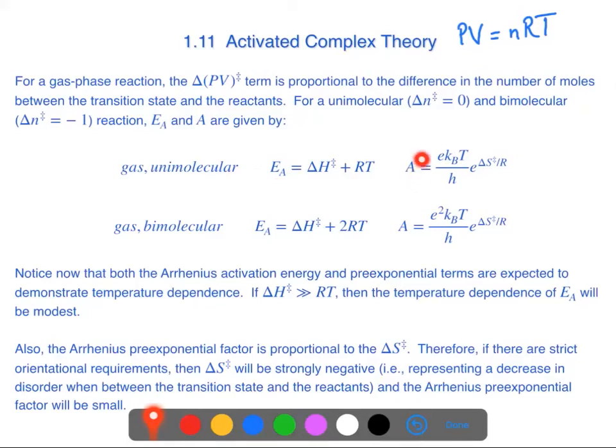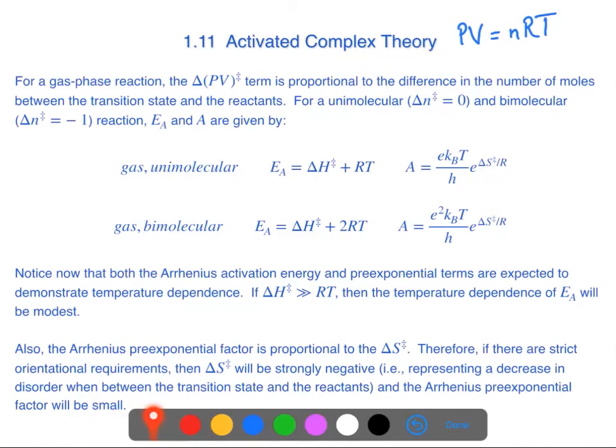And the pre-exponential factor will include a factor of e to the 1, as we saw for reactions in solution. For a bimolecular gas phase reaction, however, the activation energy is going to be equal to the change in the enthalpy of activation plus 2RT. And when we use this expression to solve for the pre-exponential factor, we end up with a constant of e squared.